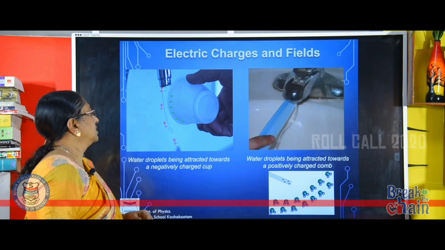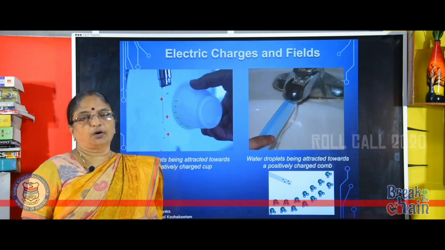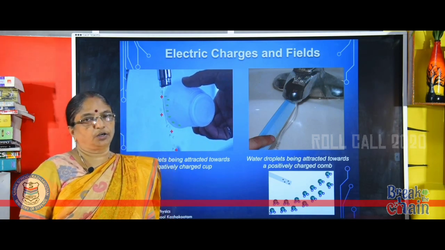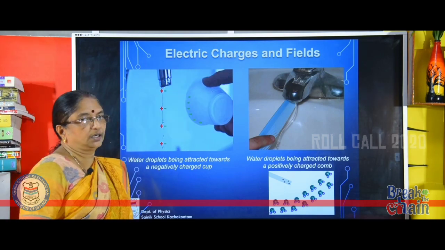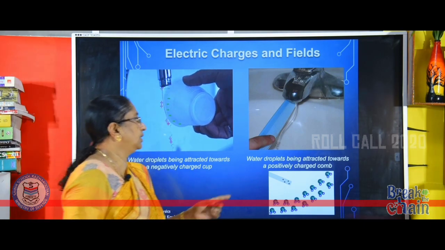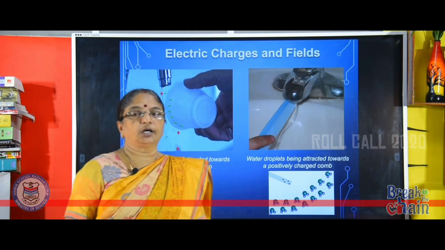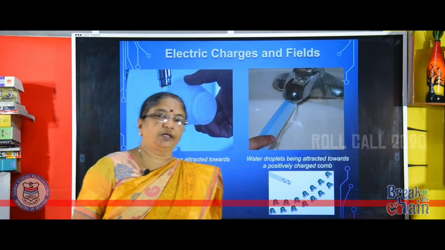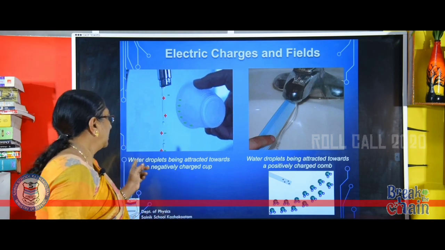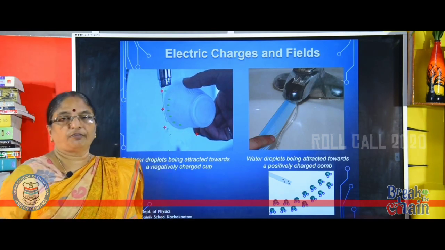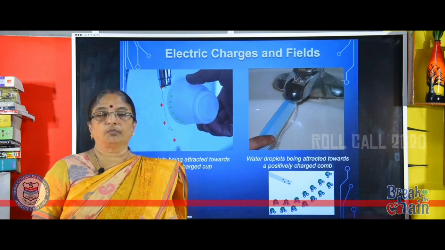And see this example, a charged plastic cup is brought nearer to a stream of water, and the stream of water is getting deviated because of electrostatic charging. And see the comb, a charged comb when nearer to the stream of water also will be deviated, and this is due to the fact that water is a polar molecule.